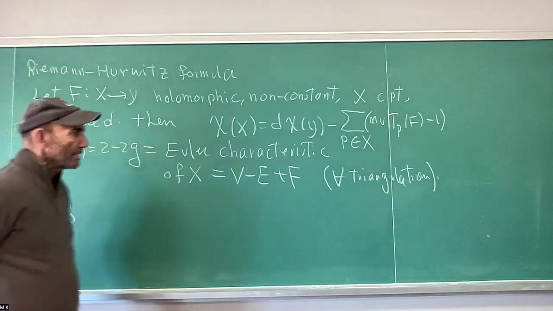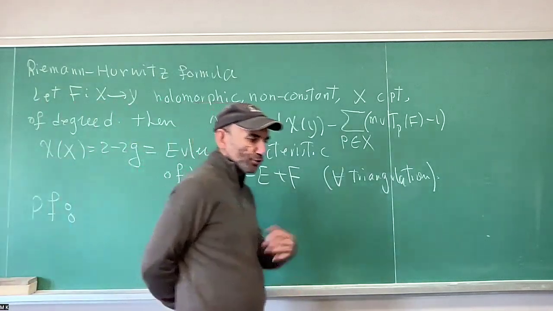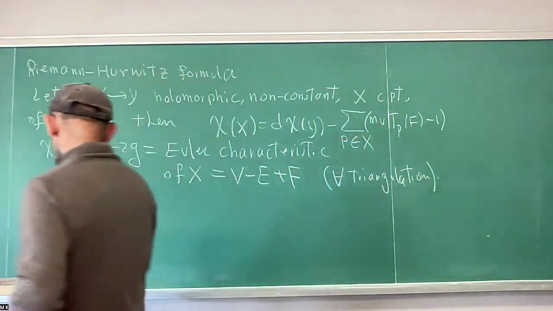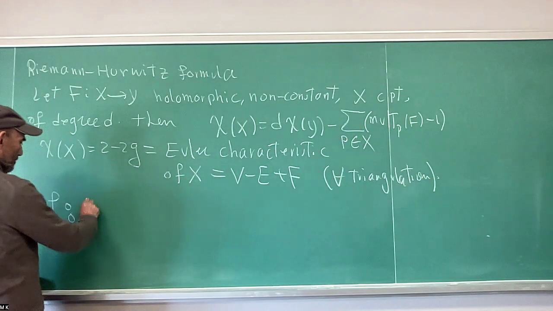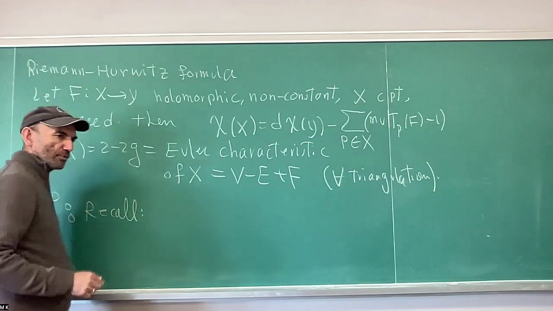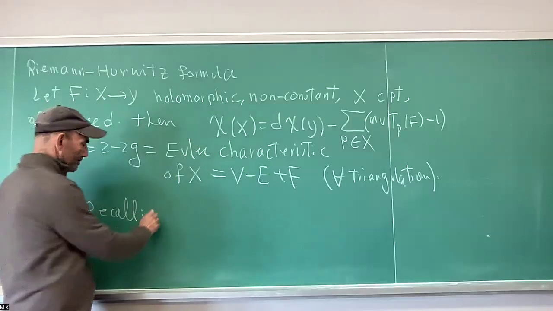So the trick is the following. We have to choose a triangulation for Y. So let me recall some definitions. What was the idea of a branch point?